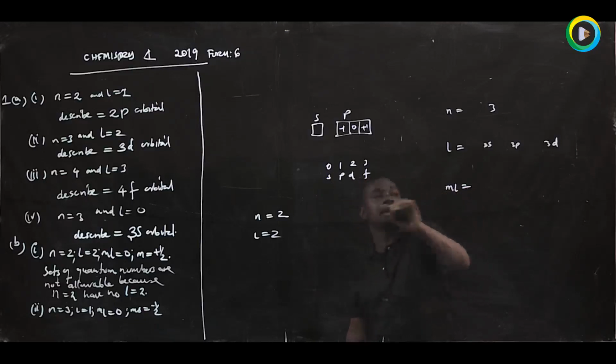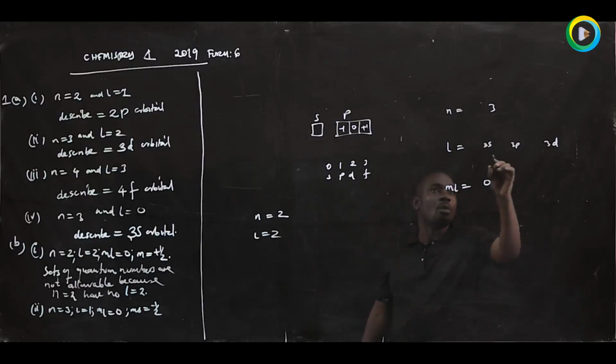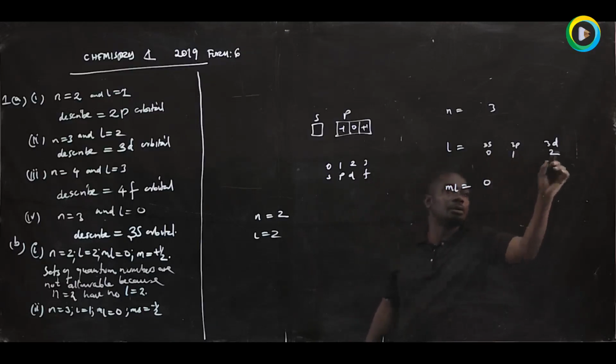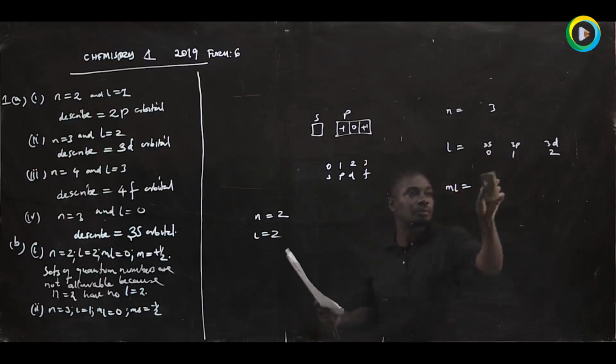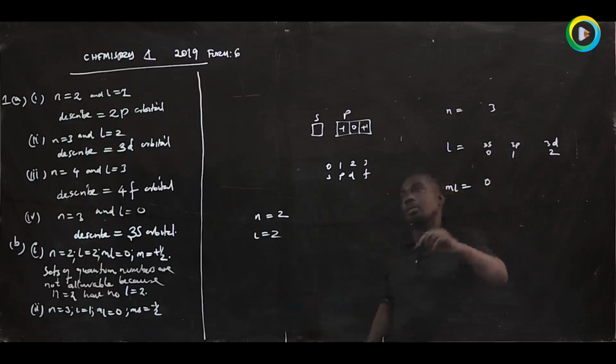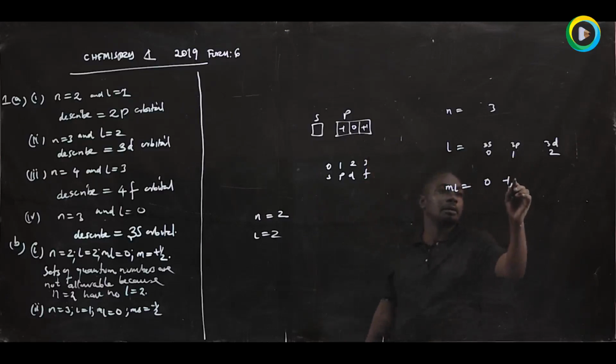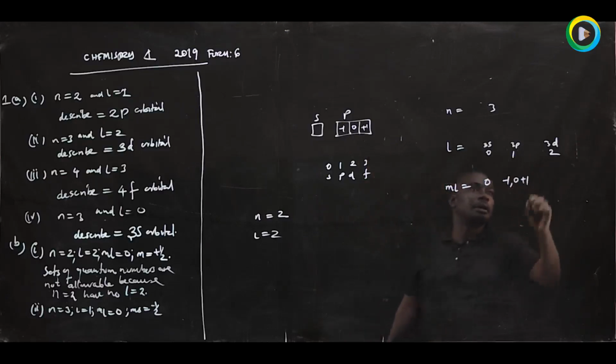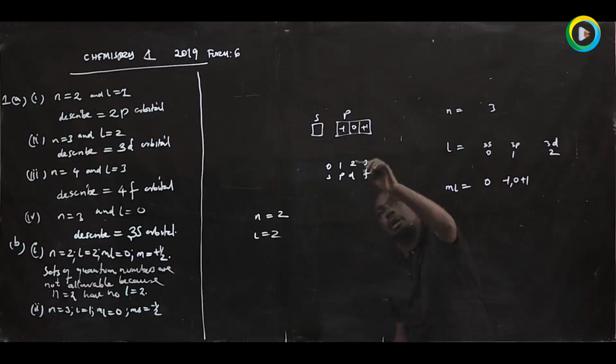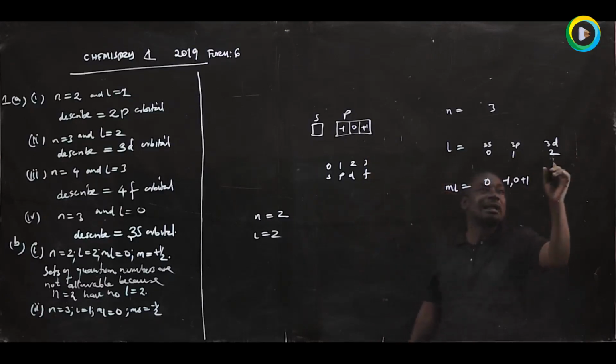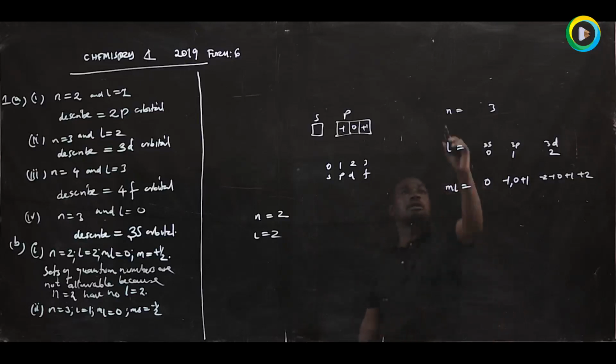S is represented by l equal to 0, p by l equal to 1, d by l equal to 2. S with l equal to 0 has one box. P has 3 orbitals, ranging from -1, 0, +1. And d, represented by 2, has 5 orbitals ranging from -2, -1, 0, +1, +2. For n is equal to 3, its subshells are 0, 1, 2.